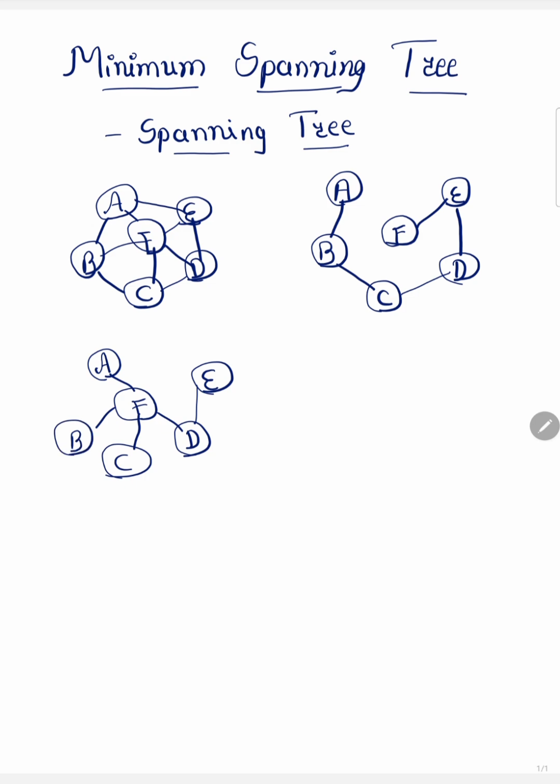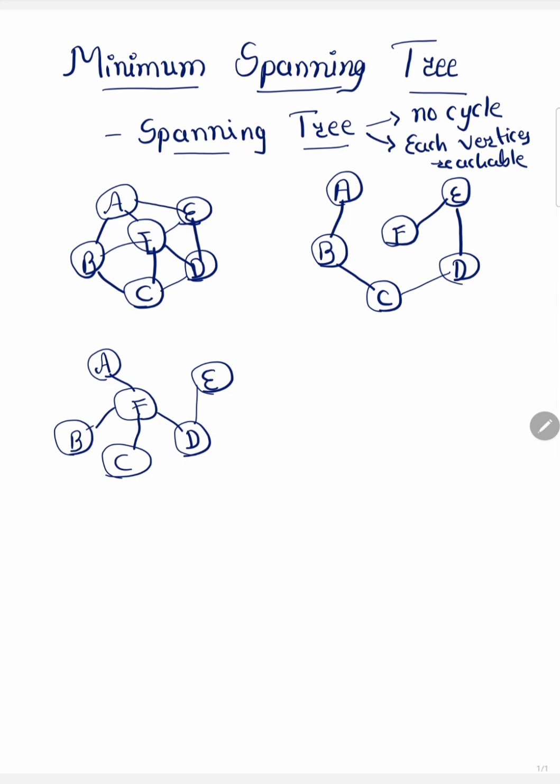There can be a number of spanning trees, right? The only thing you need to keep in mind is that for a spanning tree there should be no cycle, and each vertex should be connected, right? So there should be reachability to each of the vertices.